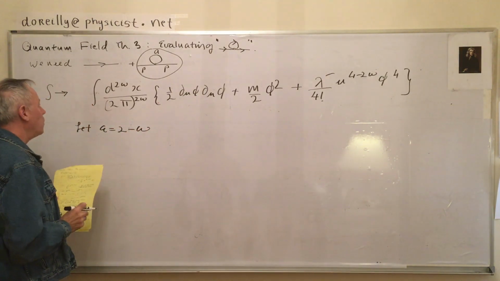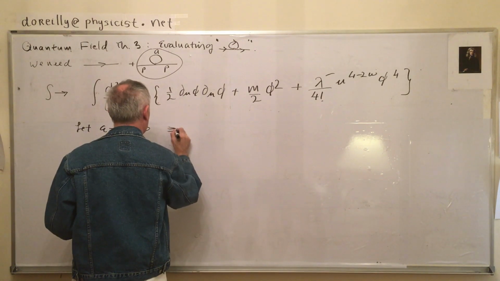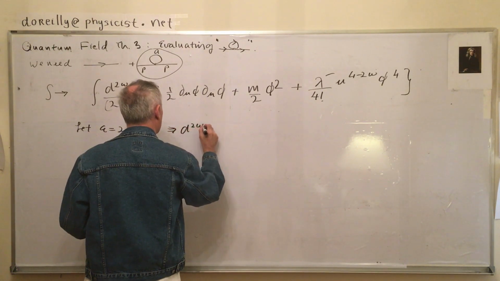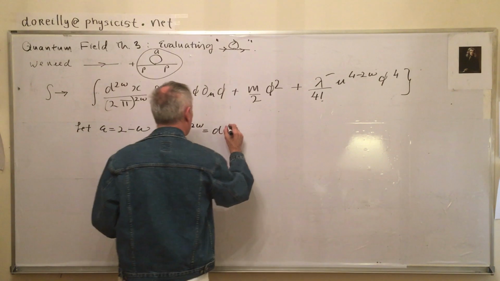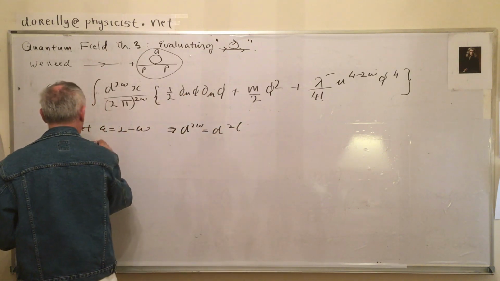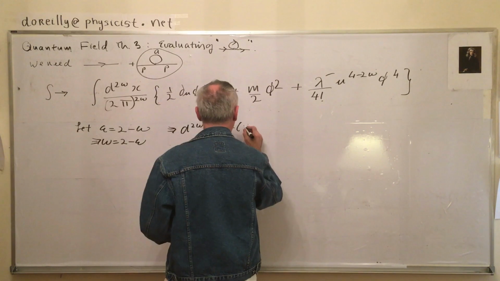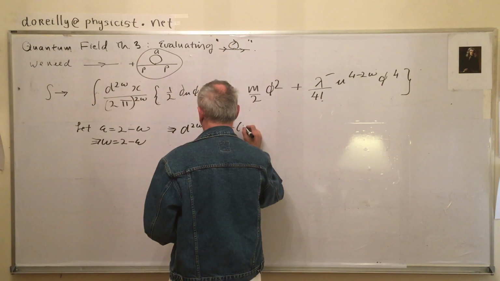We're going to let epsilon equal 2 minus omega. So d to the power of 2 omega, so omega is 2 minus epsilon.